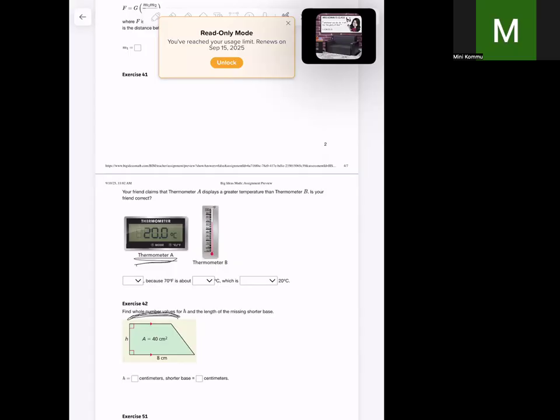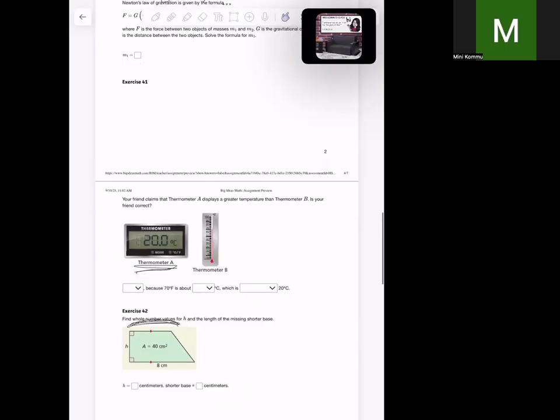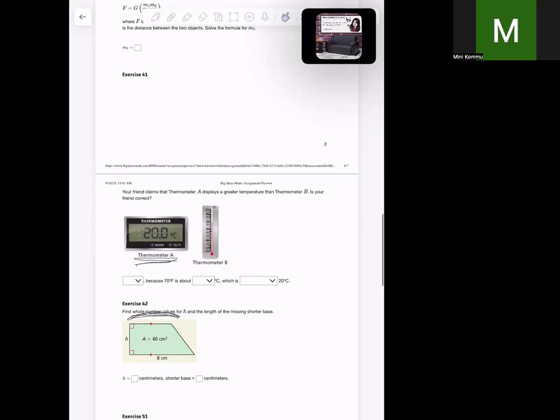But here there are two bases, right? Sorry, guys, something has happened, but I'll give you the formula and you'll be able to do this. I'm unable to write anymore on my Notability. It says read only mode. So area is equal to half times base 1 plus base 2 times height.